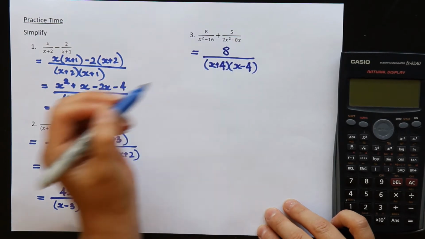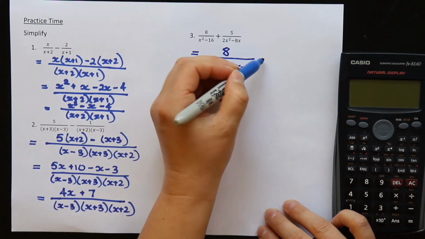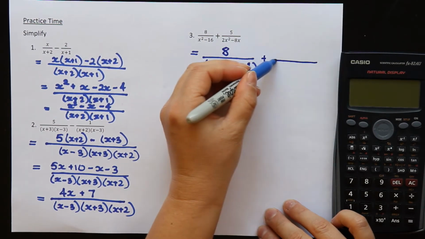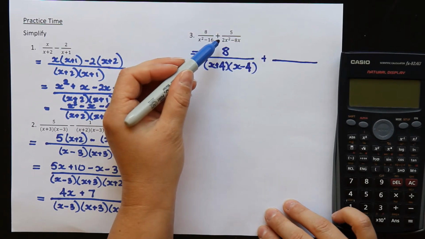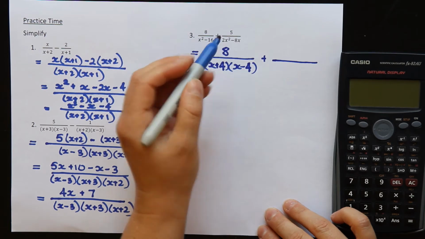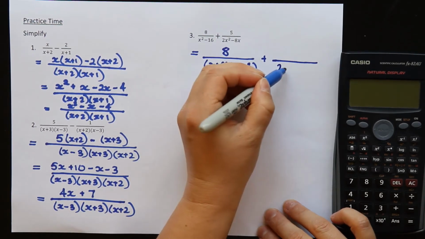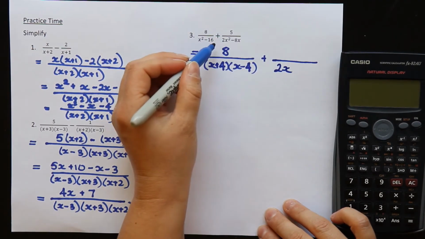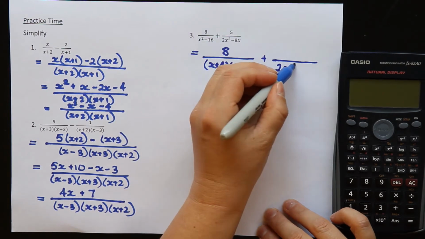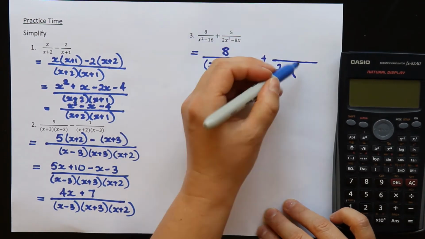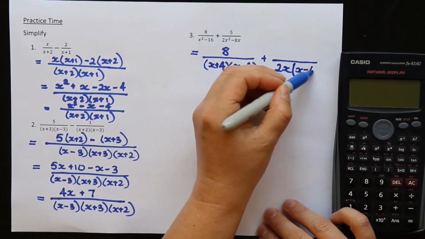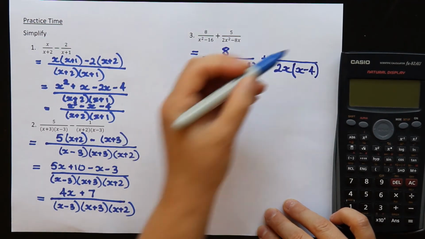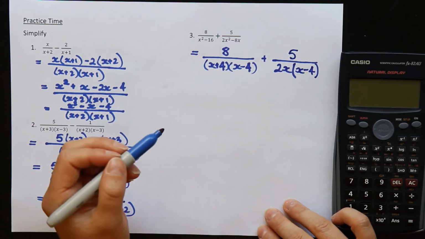The 8 is still sitting up here on the top. Plus the second one. Well, all I can do with that is take out a common factor. There is a factor of 2 and a factor of x in both of those terms. That would leave me with an x and a minus 4. On the top, I still have the 5.